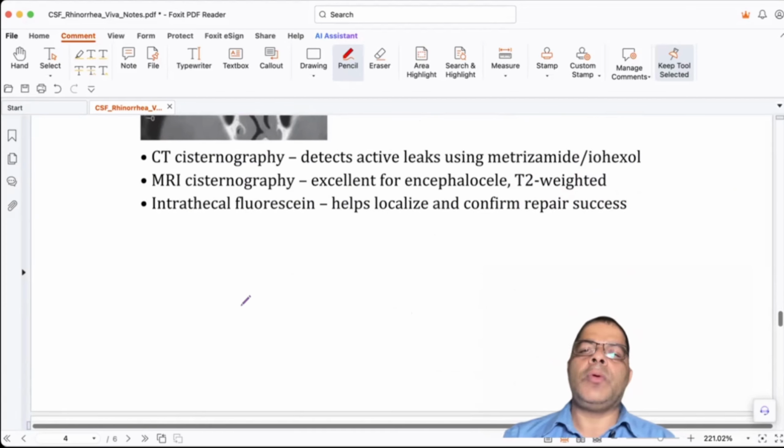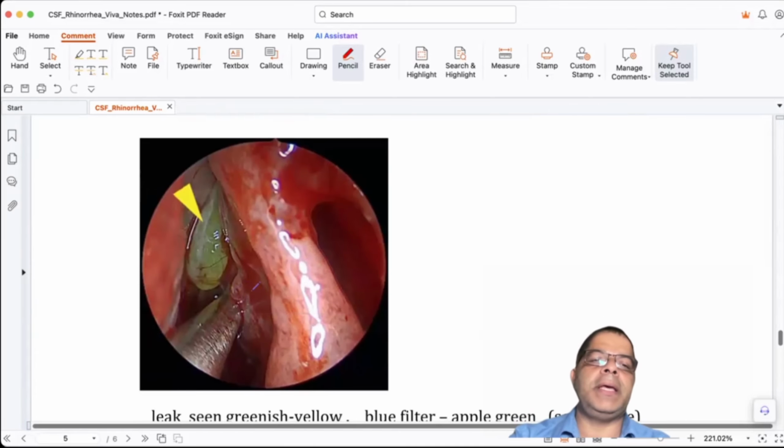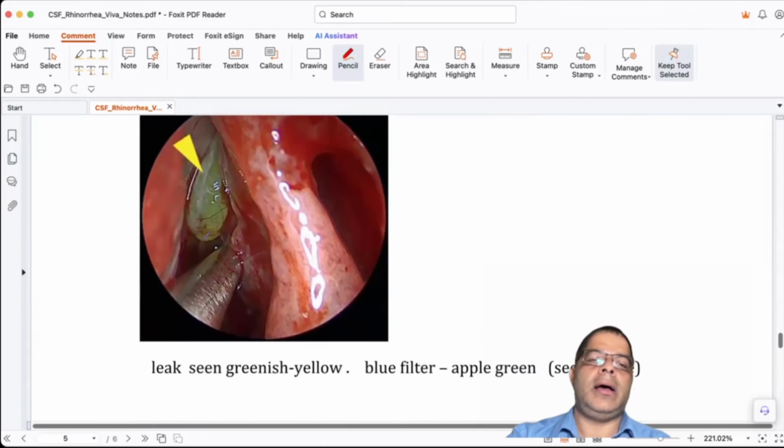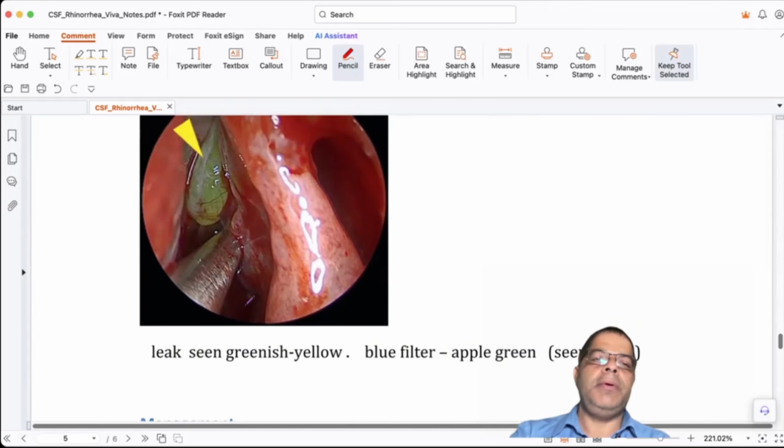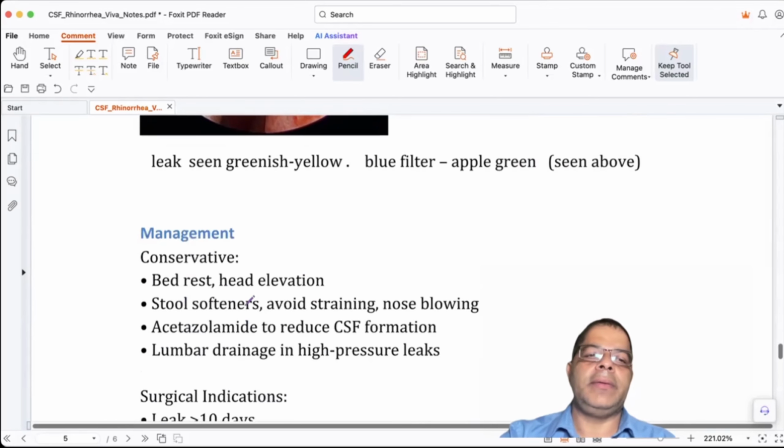Intrathecal fluorescein helps localization and confirms repair. If you see this endoscopic picture, this is almost the same leakage here, and it looks greenish yellow. If we use the blue filter, it will look apple green.